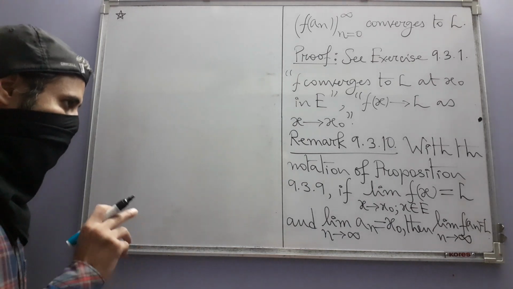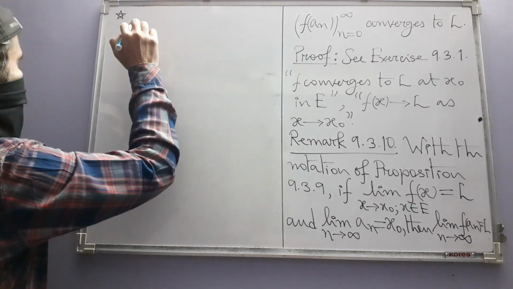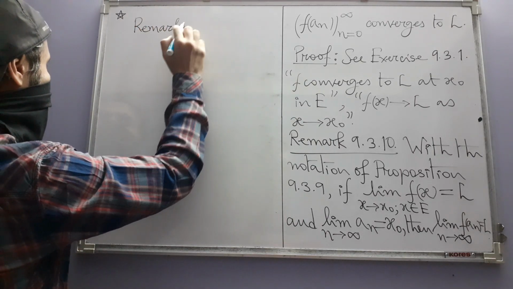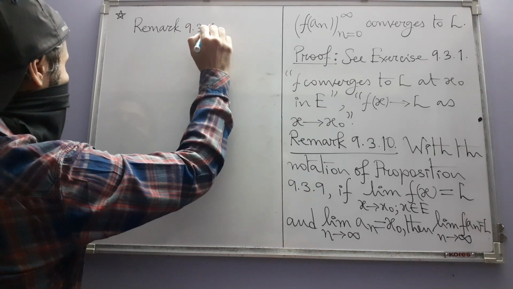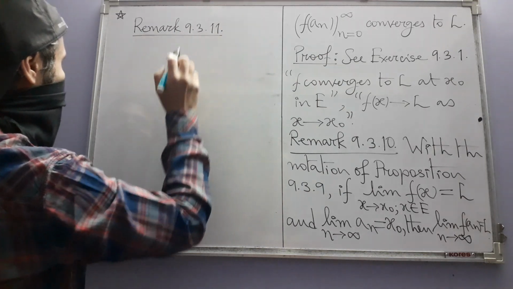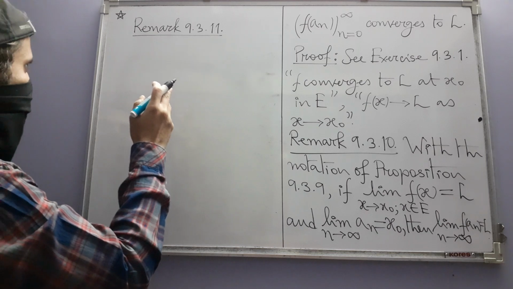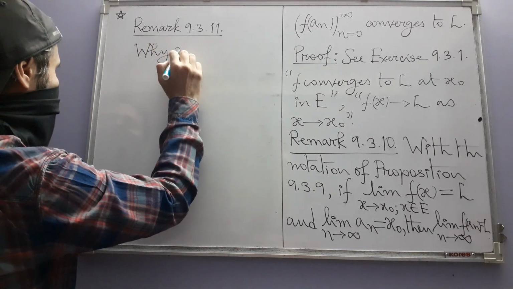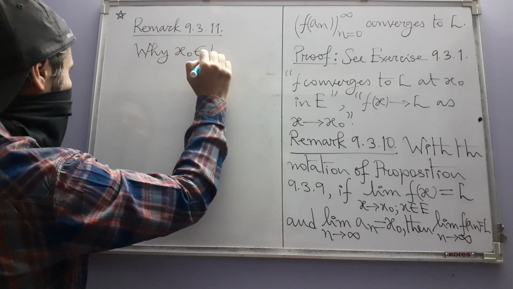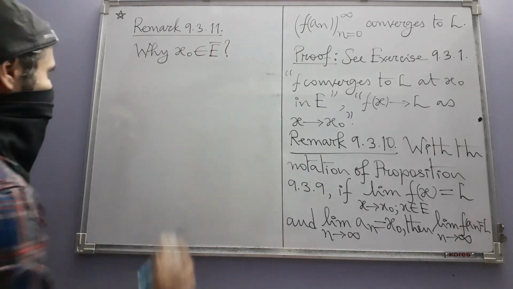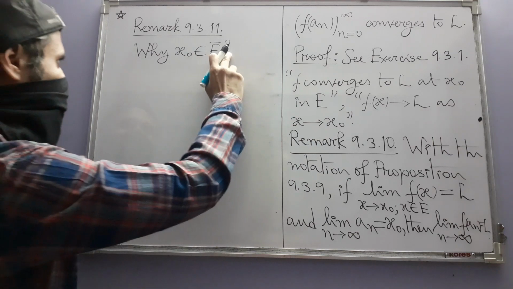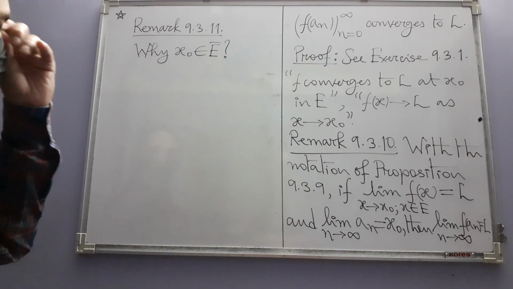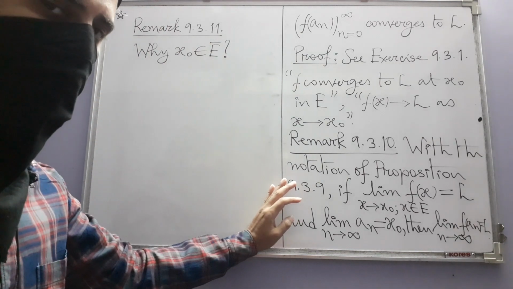Okay, now there is another remark which is very interesting. Basically, this remark asks this: why this condition? Why do we need x naught to be an adherent point of E?